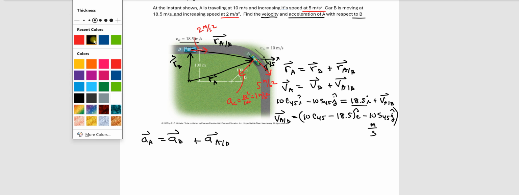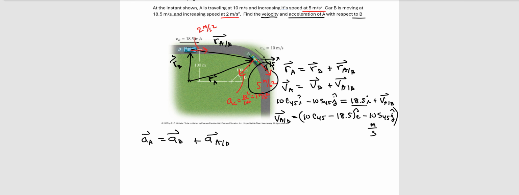Now we can write out our relative acceleration relationships. The acceleration of car A: first I'll deal with this vector. That's 5 times the cosine of 45 degrees in the i direction. Now we'll deal with this one: minus 1 times the cosine of 45 degrees. Again, these are both in the i direction.